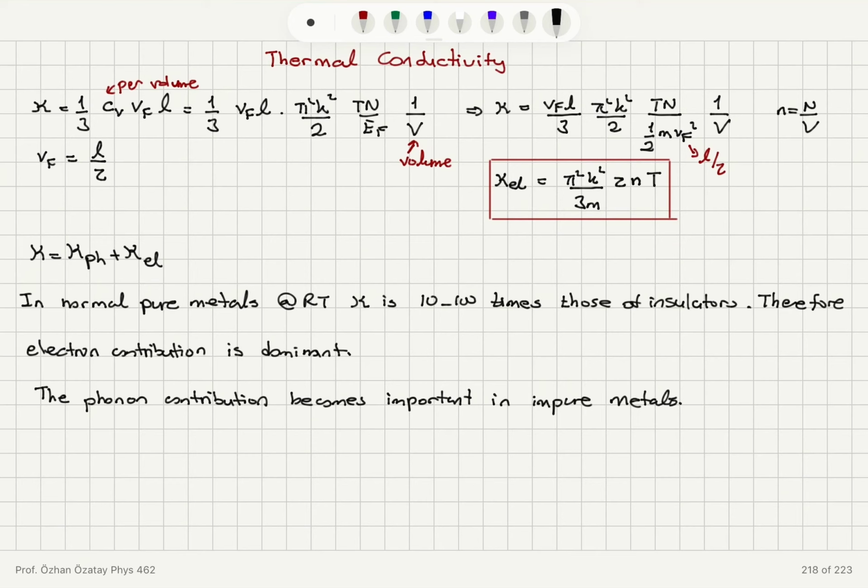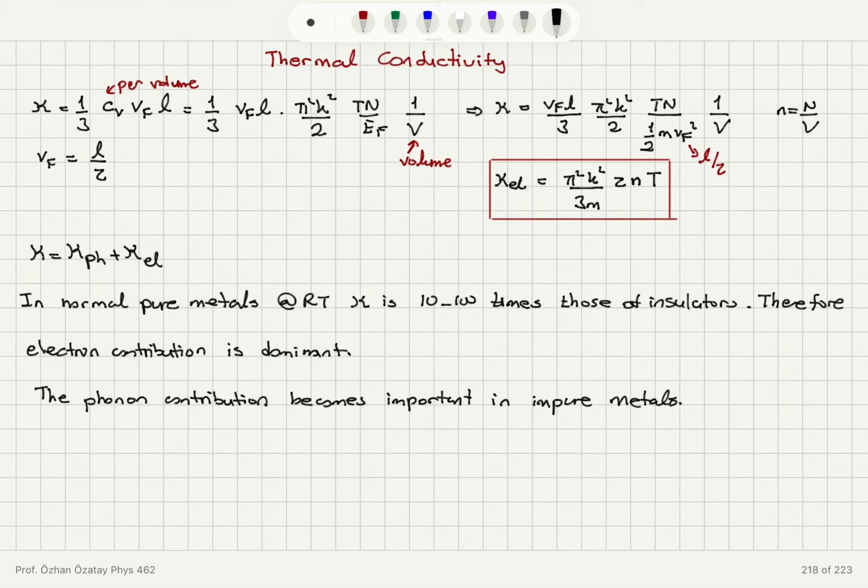And for E_Fermi, we can substitute 1/2 m v_Fermi squared, where v_Fermi is L divided by τ. So it's the mean free path divided by the mean free time. Basically, we're considering the Fermi velocity to be close to the average velocity here.